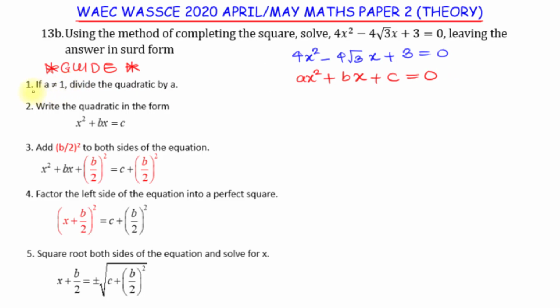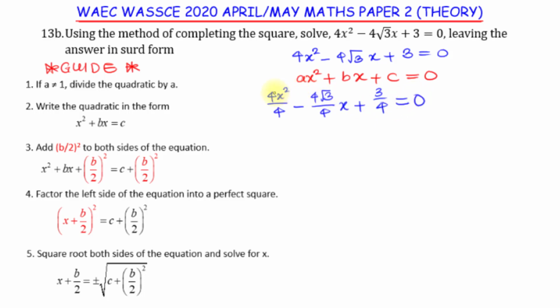What we are told first and foremost is that if the coefficient of x squared, that is a, is not equal to 1, we should divide the quadratic equation by a. So in this case, we divide by 4 to get 4x squared over 4 minus 4 root 3 over 4x plus 3 over 4 is equal to 0.